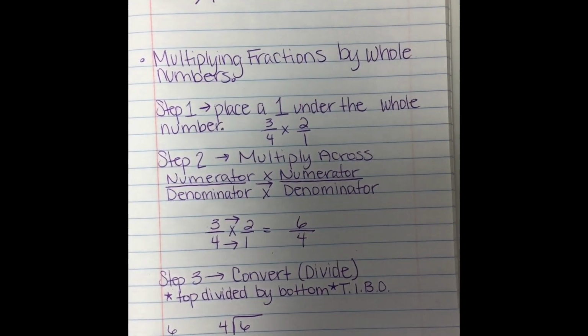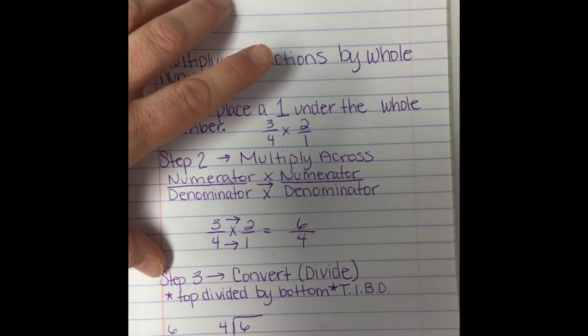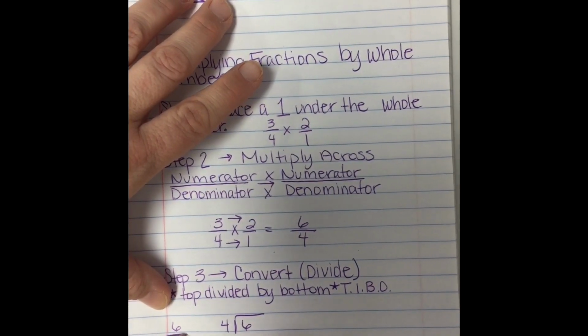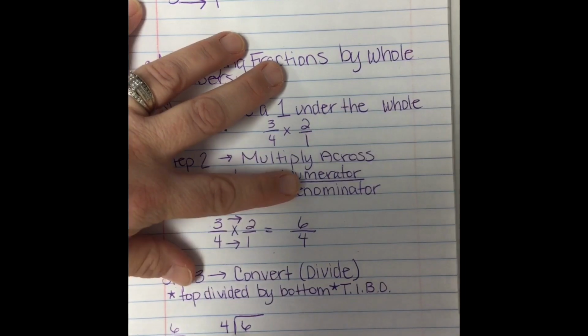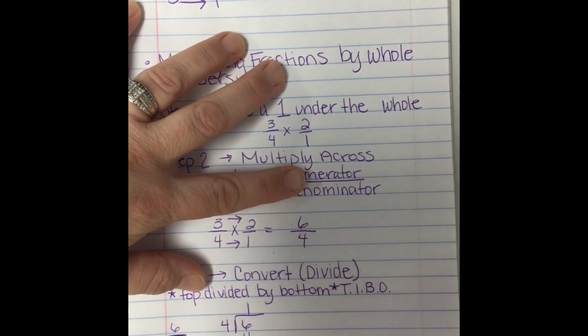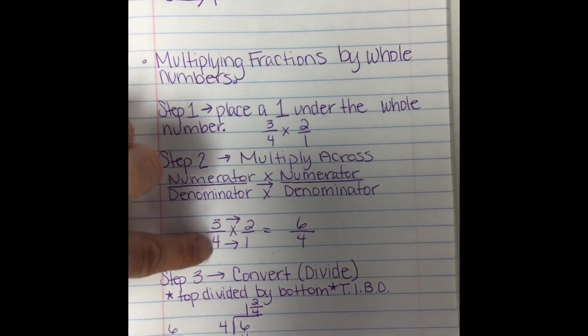Remember, the first number goes on the inside, the second number goes on the outside. 6 on the inside, 4 on the outside. 4 will go into 6 once. 1 times 4 is 4. Subtract 6 minus 4 and I get 2. 2 becomes the numerator, and 4 stays the denominator. It should be the same as what it was earlier.